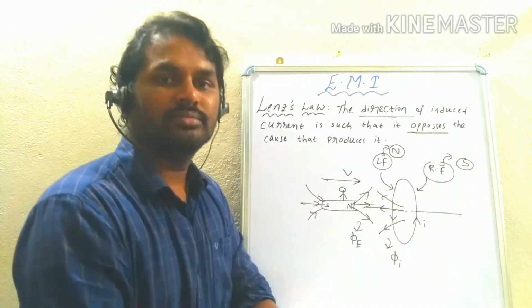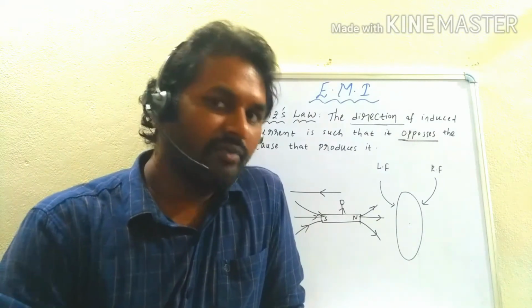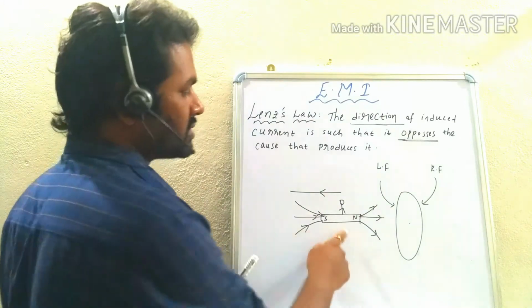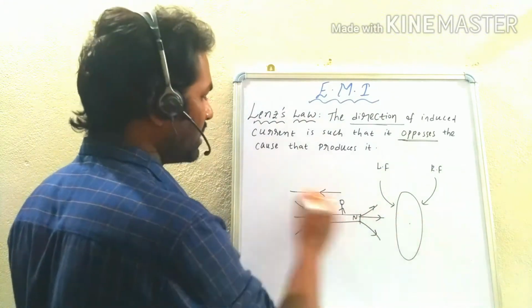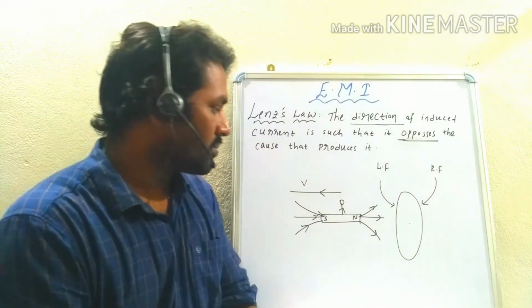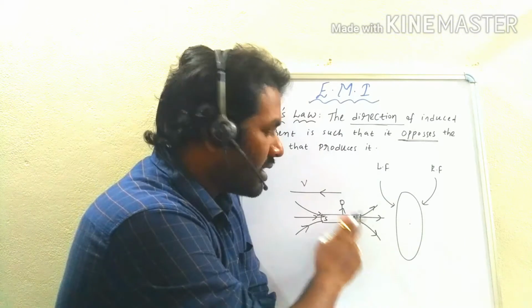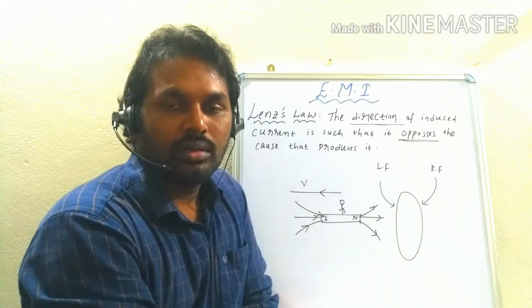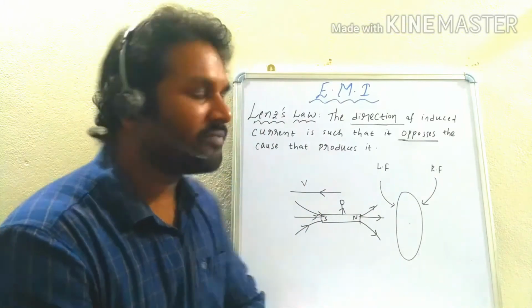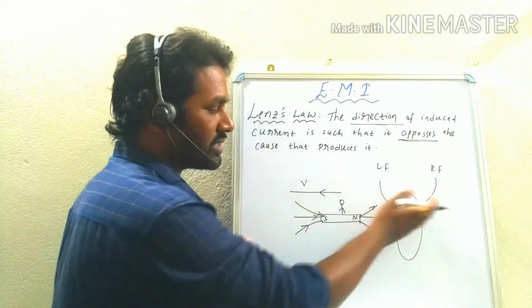We can see when this magnet is taken away from the coil, here the same magnet is taken away from the coil with constant speed. Now the magnetic lines of force which are starting from the north pole are still passing from the left face of the coil to the right face of the coil.